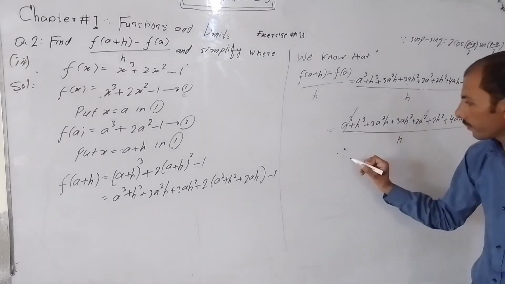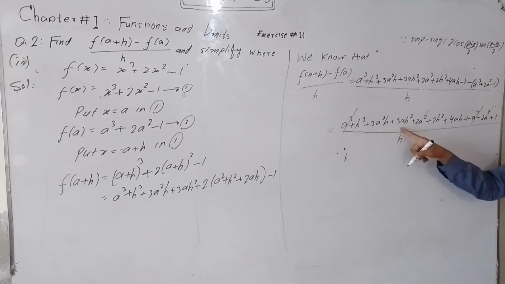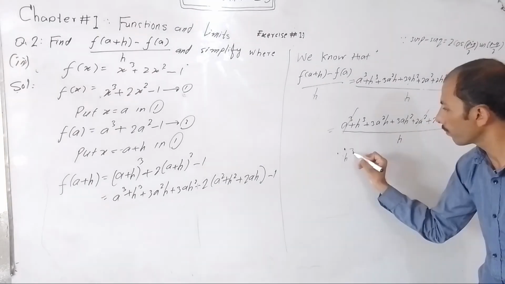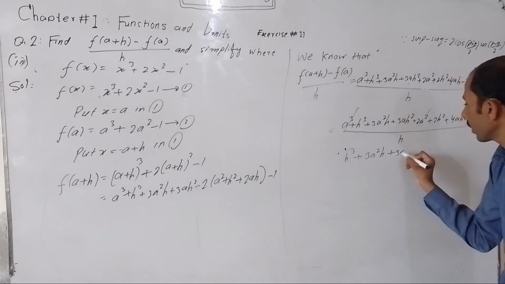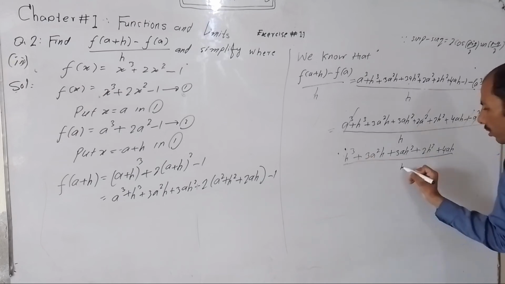As it is, h cube plus 3a square h plus 3ah square plus 2ah plus 2h square plus 4ah, minus 1 plus 1 cancel. So taking common h, h cube plus 3a square h plus 3ah square plus 2h square plus 4ah divided by h.